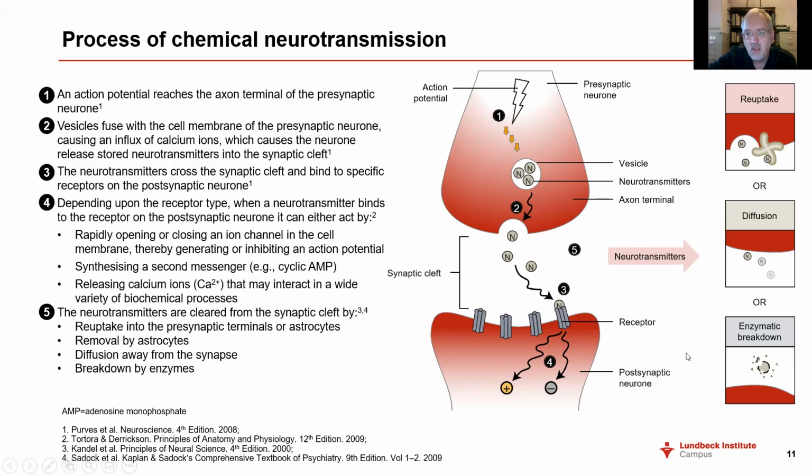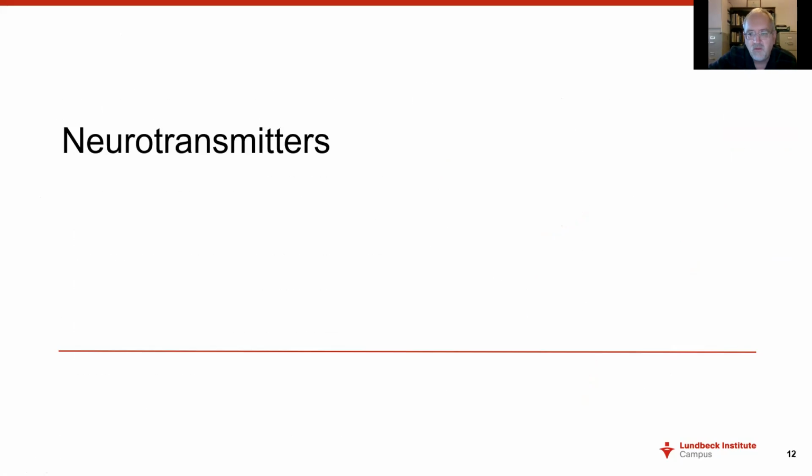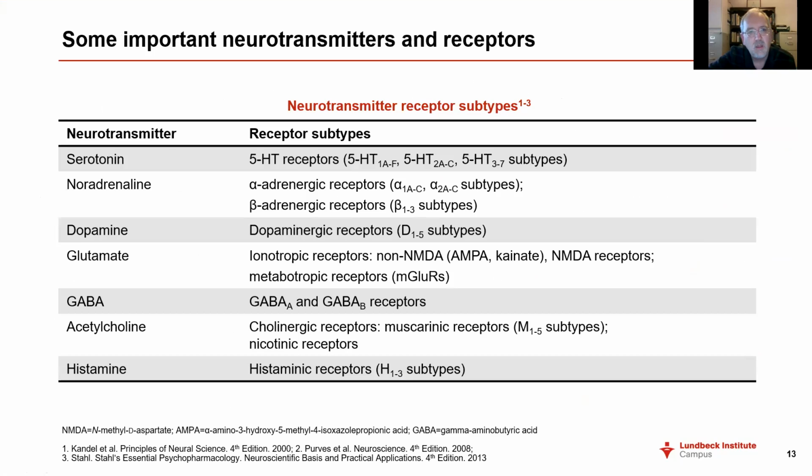If they're not accepted, they just go off into the rest of the brain, which increases the amount of neurotransmitter in the brain. And this is just the neurochemistry part of it. I wanted to show you what the neurotransmitters look like.